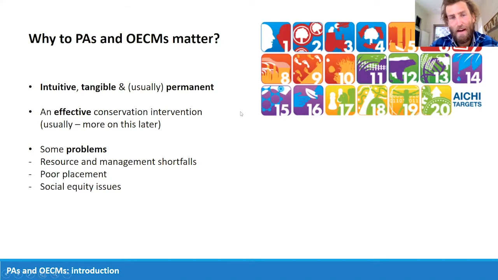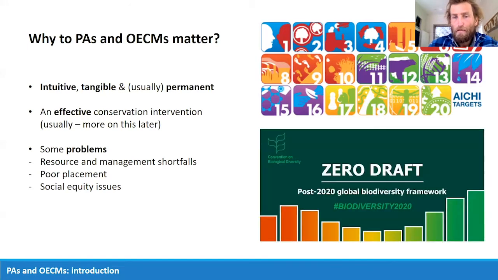The deadline for these targets is 2020, so it's now essentially, and we're talking about getting a new framework for biodiversity conservation as we speak. There are supposed to be some virtual meetings in November about discussing the post-2020 biodiversity framework. Then there might be a physical meeting in the first half of next year.